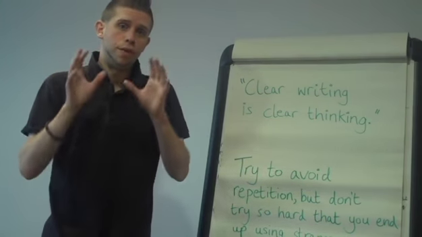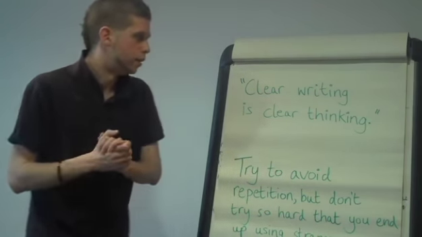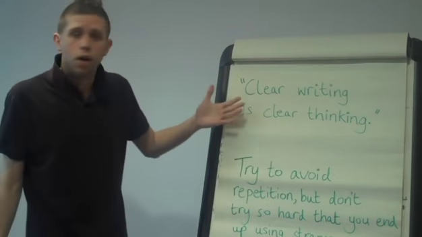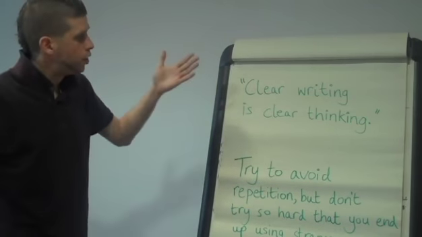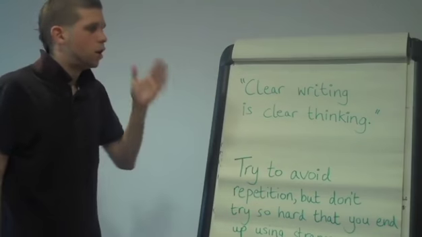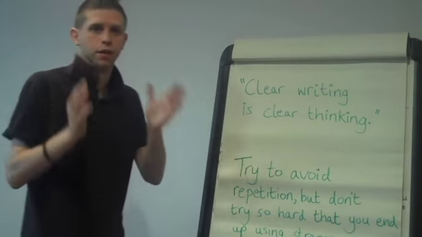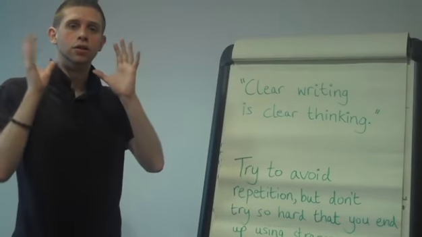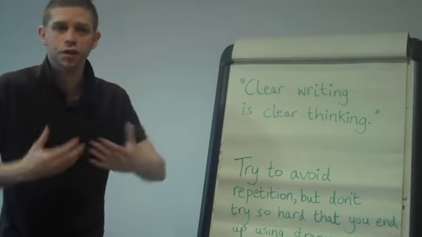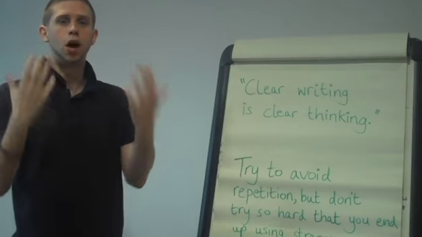So one from this chapter on clarity and conciseness is a quote from a colleague of mine, Emily, and she's said, clear writing is clear thinking. And I love this because I think it so well sums up the aim of this chapter and this book and academic writing as a whole.